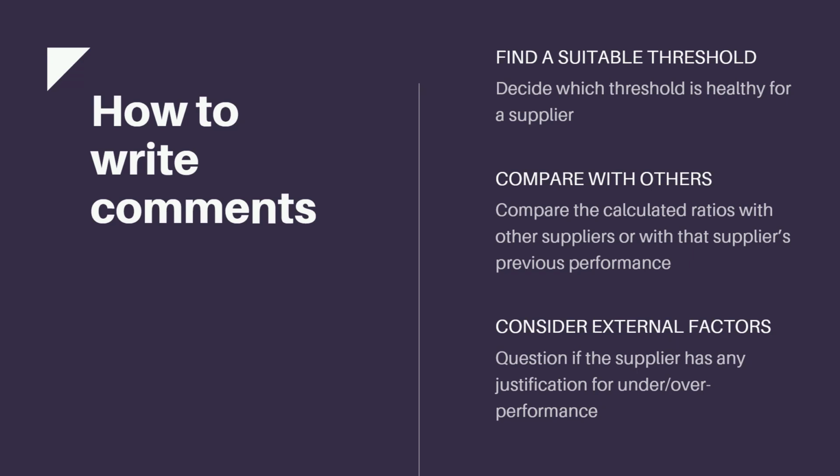But it does not mean that they have a problem, because they just invested, so they have greater capacity. So it is fair to consider the external factors as well.